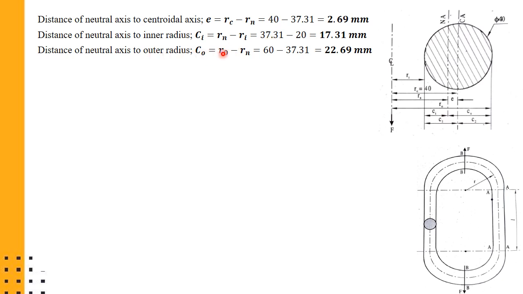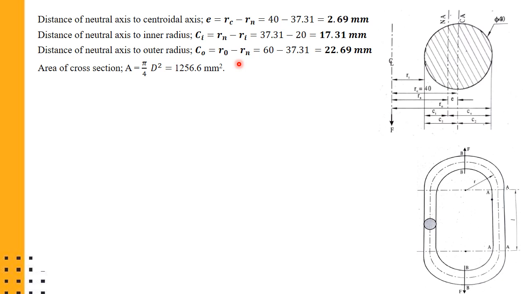And the distance of the neutral axis to the outer radius can be calculated as the outer radius minus whatever is the radius till the neutral axis. So the remaining distance which you calculate will be for Co. Or if you know the diameter, you can take 40 minus Ci, and you will get Co also. That way also you can get the Co value.